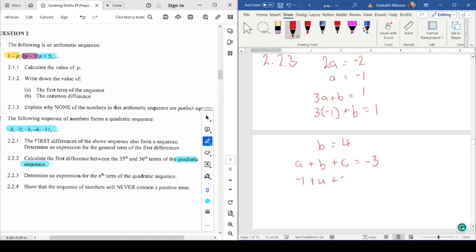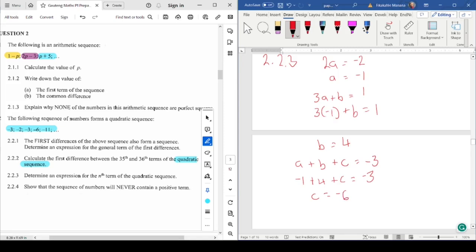The only variable missing is c. The sum is minus 3. I take 4 to the other side, it becomes negative: minus 3 minus 4 gives us minus 7. Minus 7 plus 1, because we take this 1 to the other side, and then we're left with minus 6.